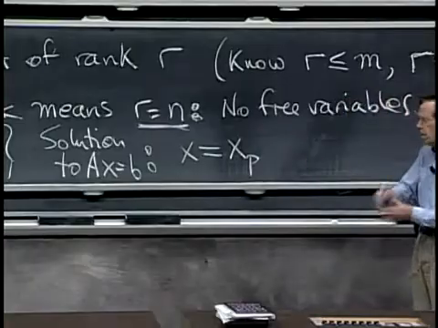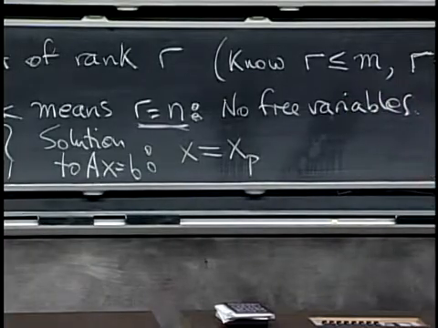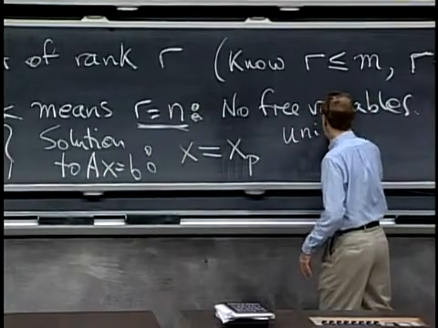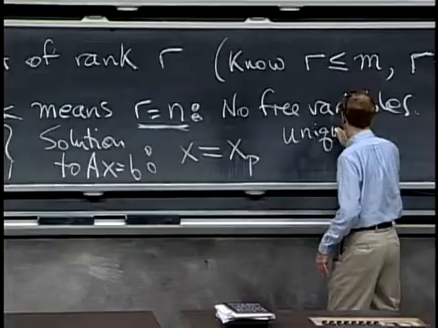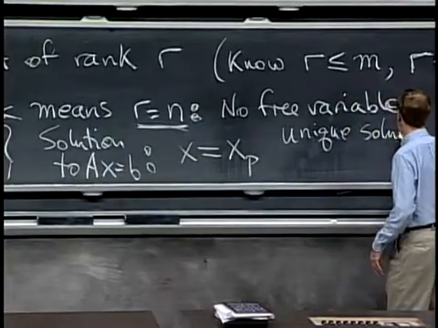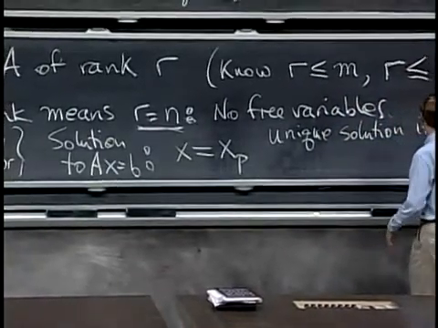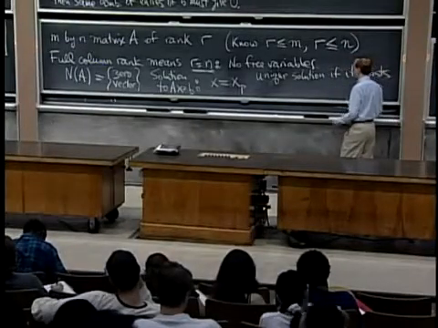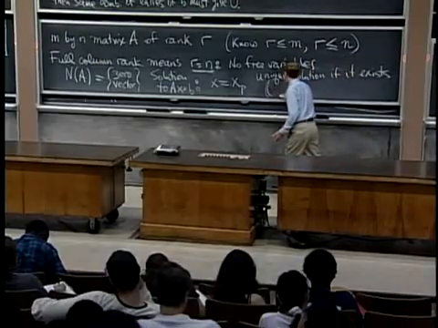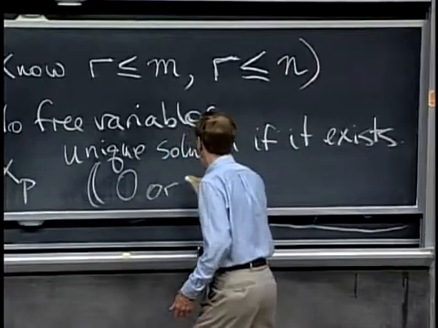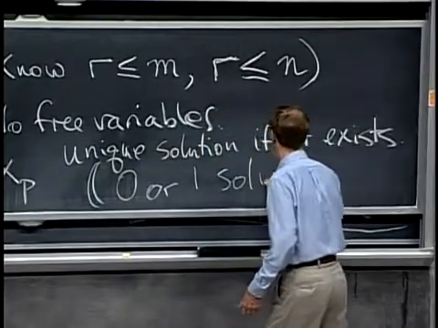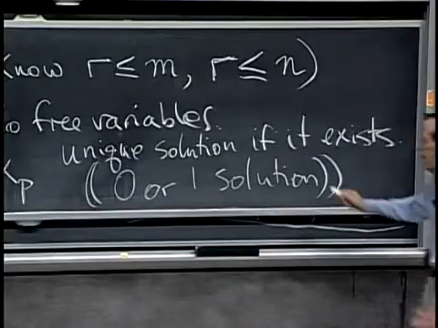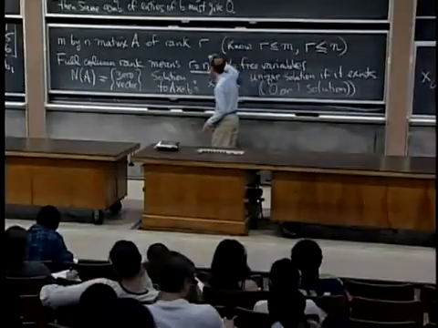There's nothing else, there's just one solution, if there's one at all. So it's a unique solution. Unique means only one. Unique solution if it exists. In other words, let me put it a different way, there are either 0 or 1 solutions. This is all in this case, R equal N.